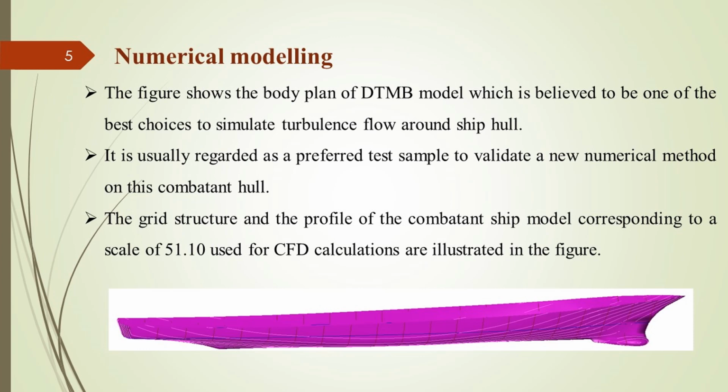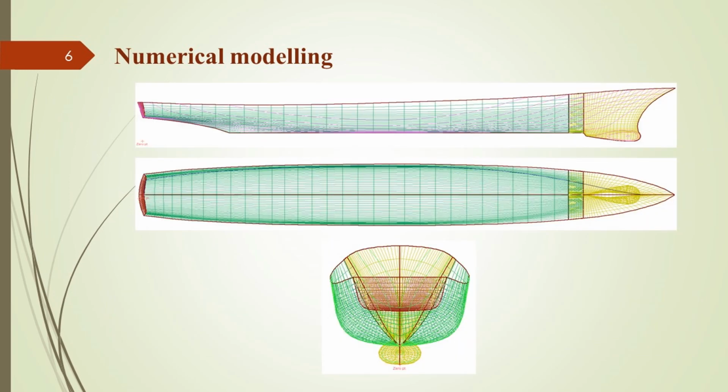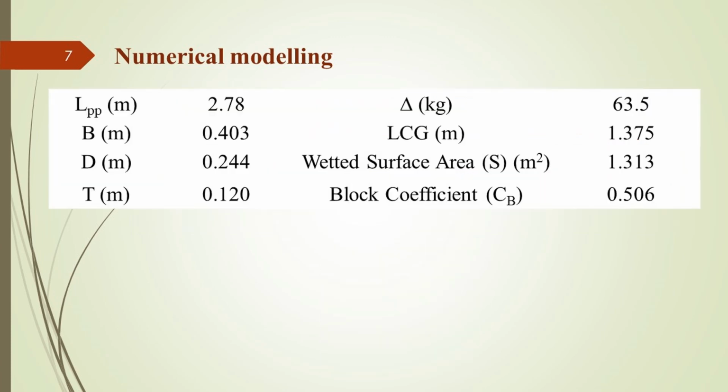In this paper, we used a combatant ship model corresponding to scale 51.1 for CFD calculations. You can see the body plan and all the lines of the DTMB, with length 2.78 meters.